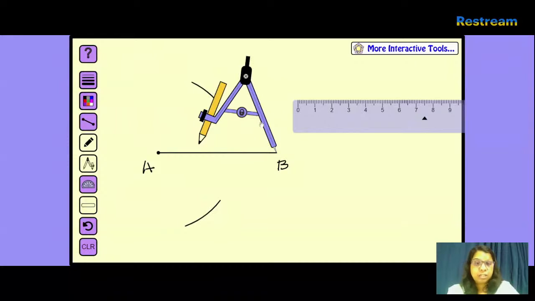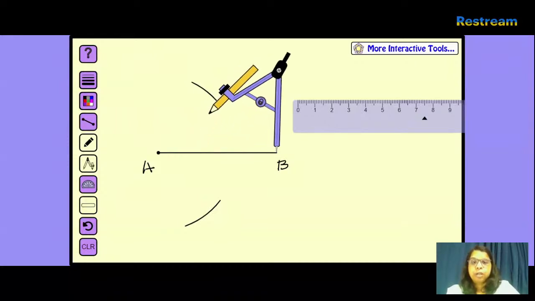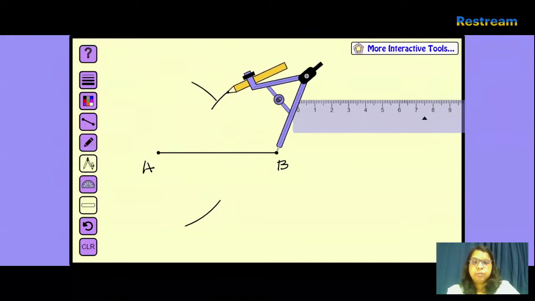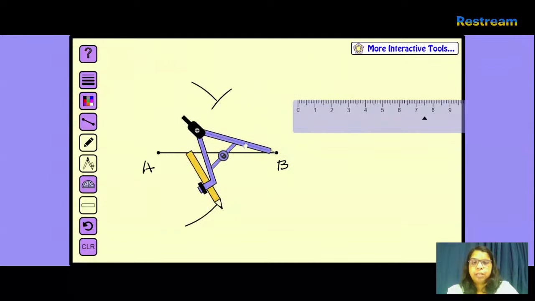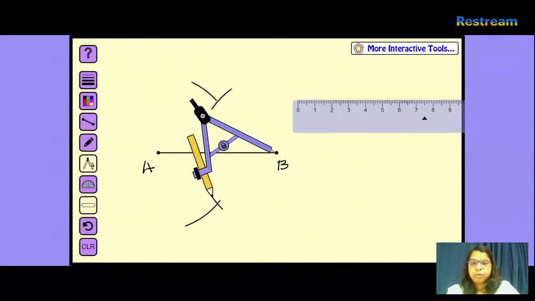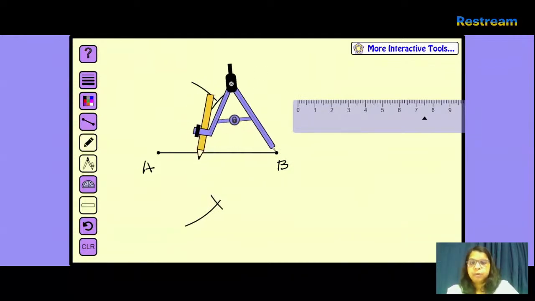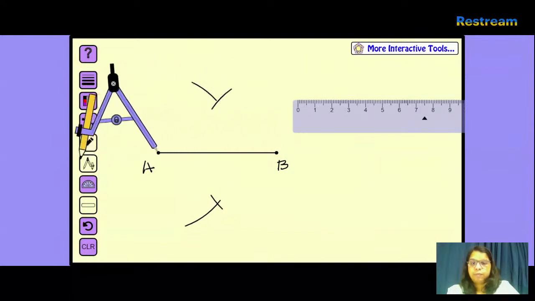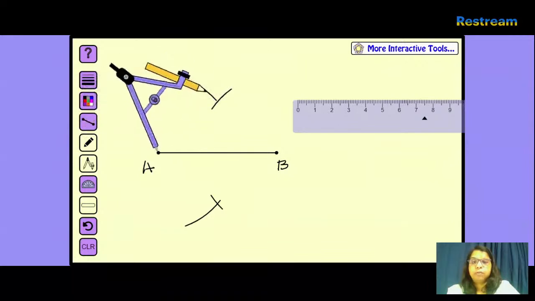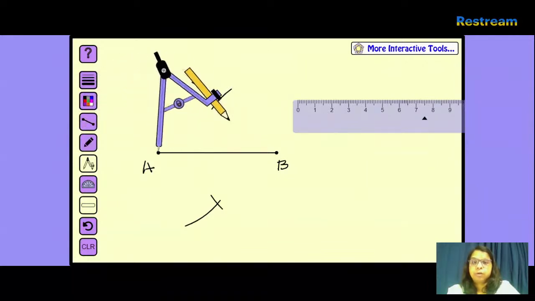You don't change the distance in the compass, and you draw another arc from B, which is going to be here. You have to make sure that you're using the same points.